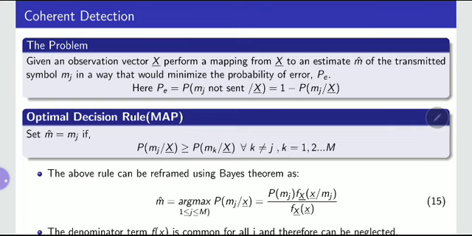Okay. So for all k's, the probability of mj given x is greater.